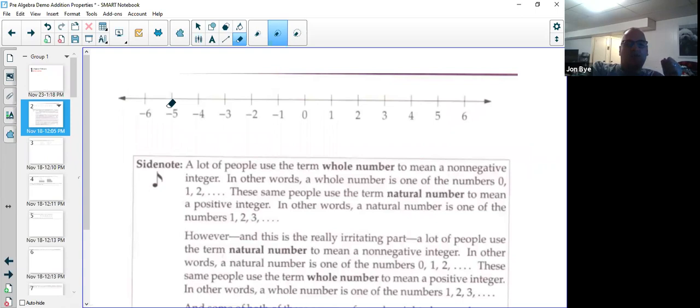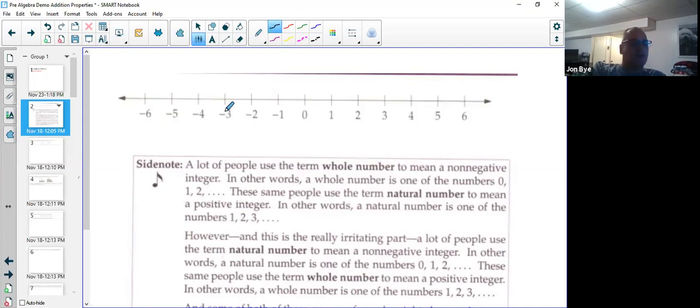So we have this sort of number line here, and on the number line, we have what are called integers, right? These are integers because they're whole numbers only. There's no fractions or decimals, right? So you have 1, 2, 3 on the right side, and on the left side you have -1, -2, -3.